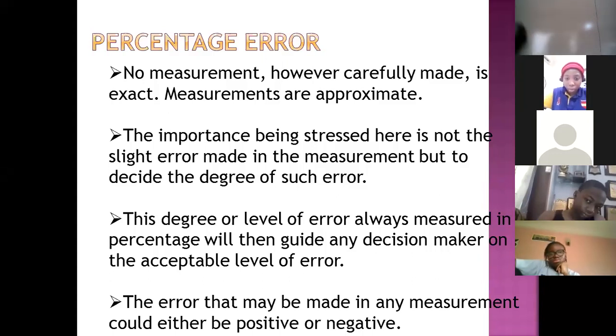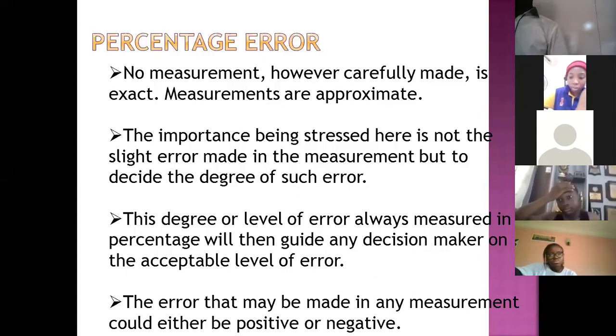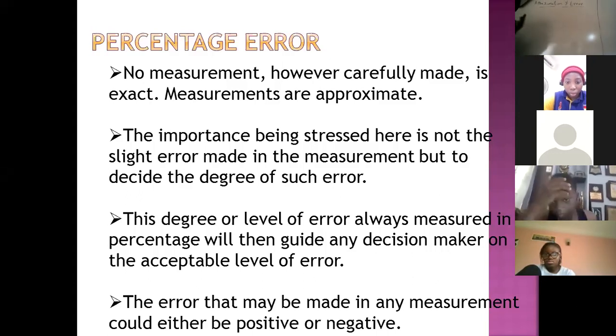Most of the time we make measurements of volume. We calibrate, especially in a chemical lab, and in the lab we make use of length and distance. But I want to tell you that every measurement, no matter how carefully it is made, is not exact.